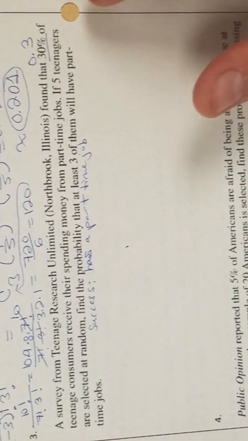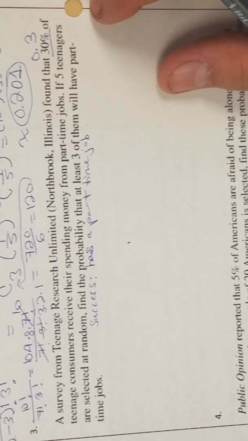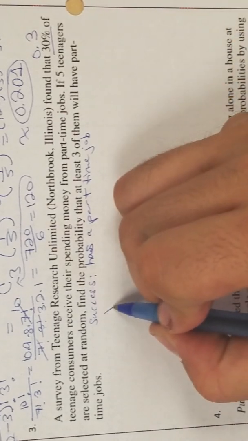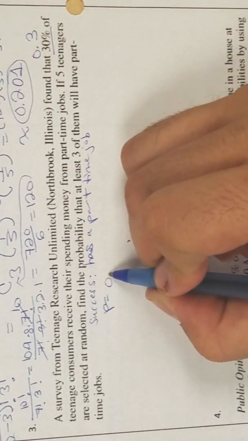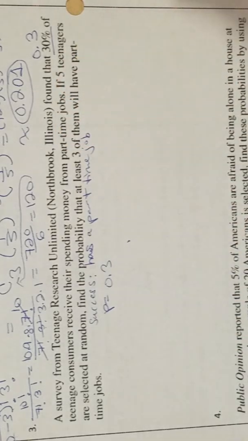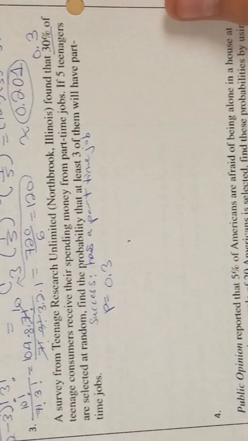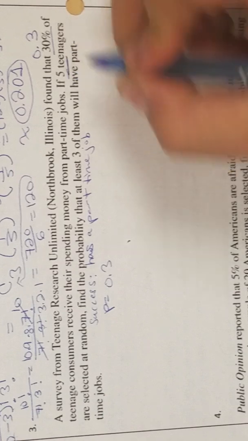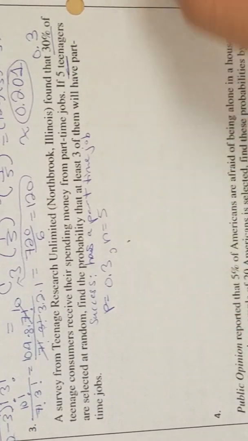All right, so that's our definition of success in this experiment. So you either have one or you don't. So that's two outcomes. The probability of getting a part-time job is 0.3 according to the research. And our number of trials is 5 because we're looking at 5 teenagers.